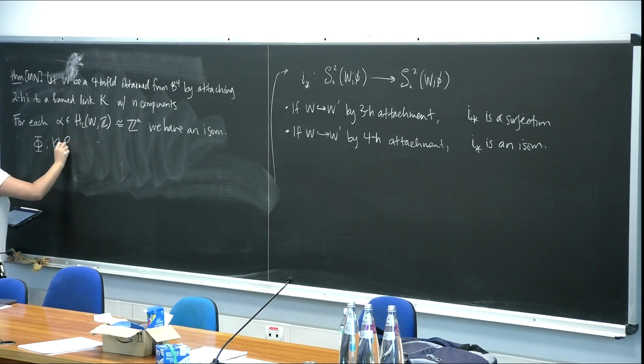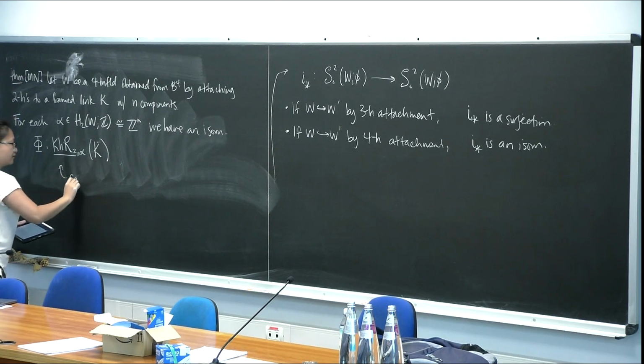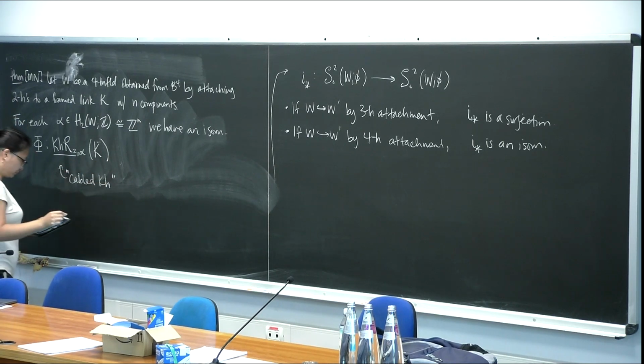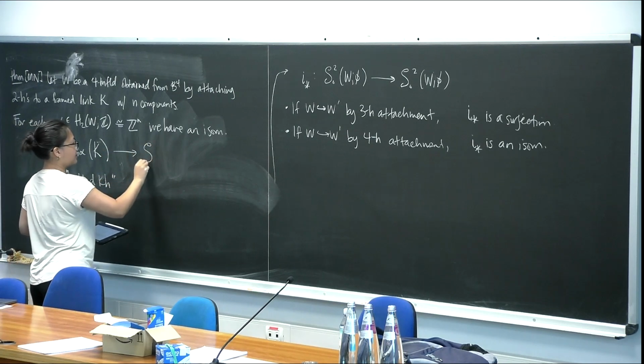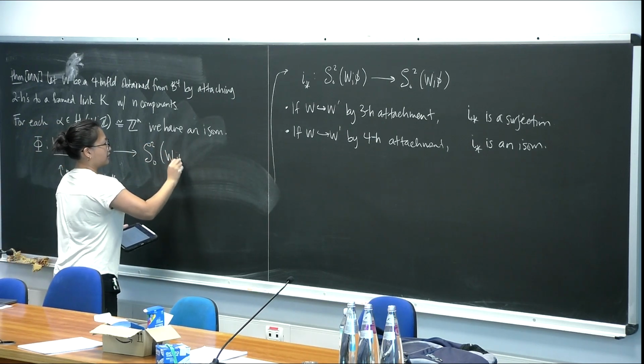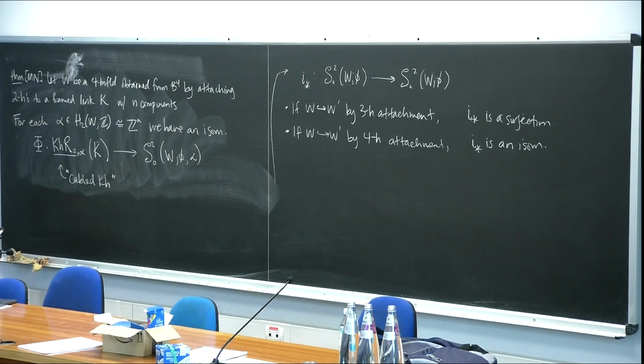So cabled Khovanov homology, it's still going to be defined in terms of KhR_2. Okay, that's the notation for it. To the skein lasagna module for gl_2 homology, empty link in the boundary at the second homology class alpha.